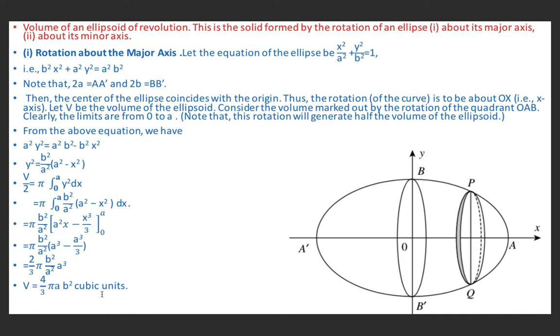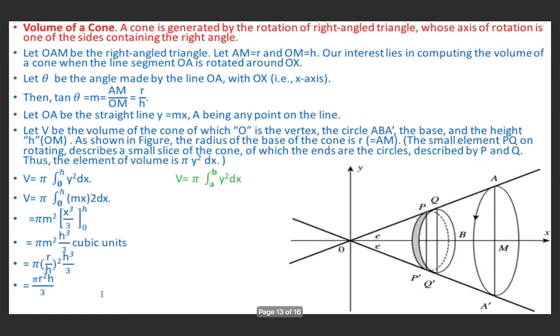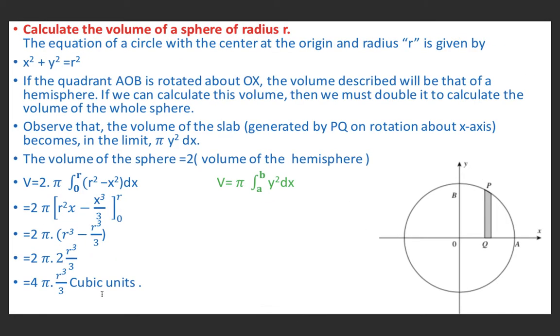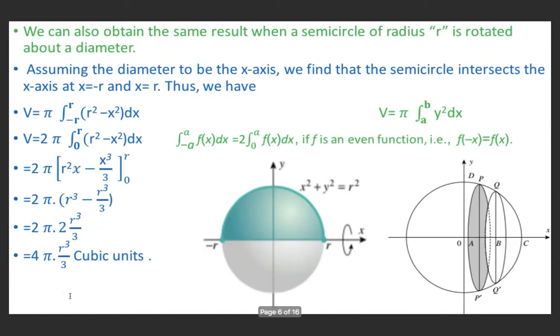This case is similar to that of the circle. In that case also we have considered both the cases. In one case, we revolved only the quadrant AOB about OX, and the volume of the sphere was 4 pi r cube upon 3, and when we rotated the semicircle about the diameter, then also the volume of the sphere was 4 pi r cube upon 3.